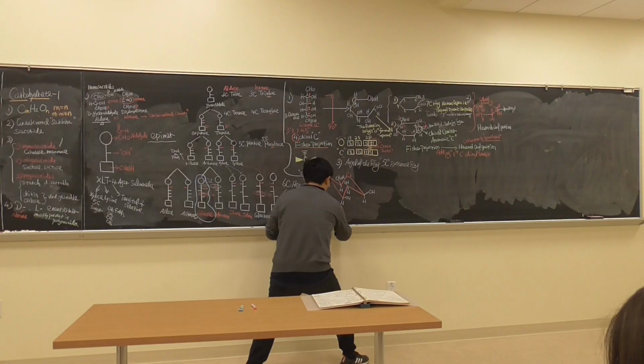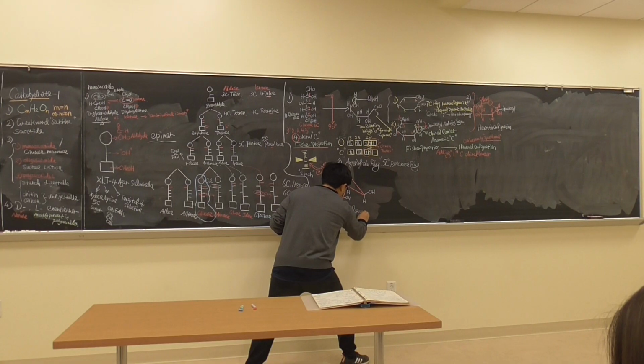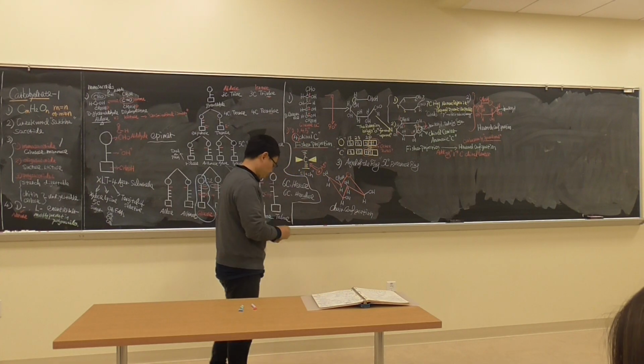That's called the chair configuration. You can see the angle of the ring. You see the angle of the ring?